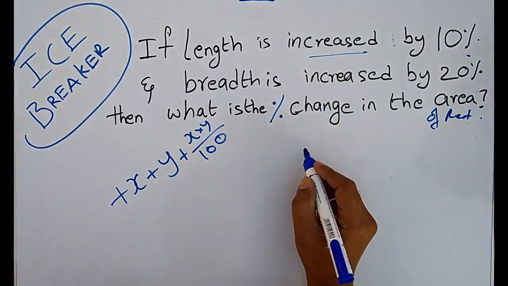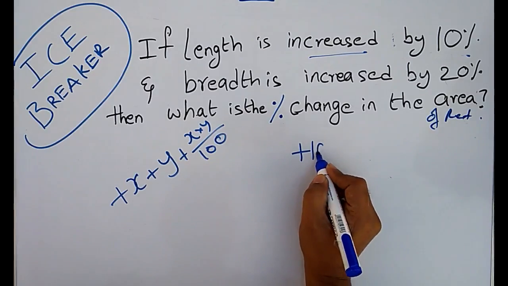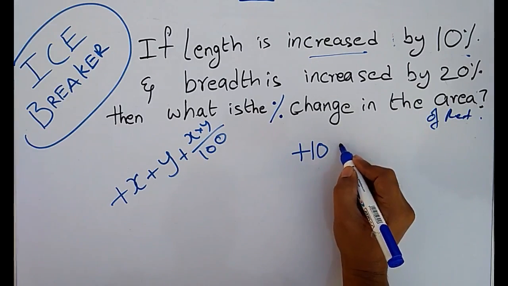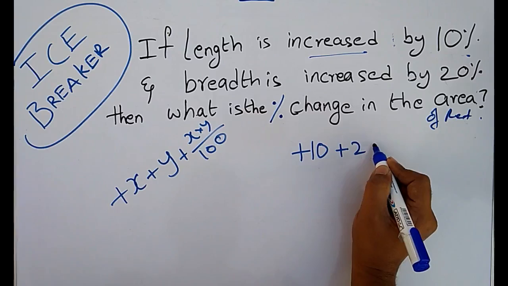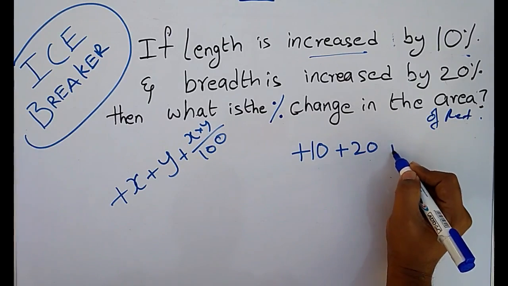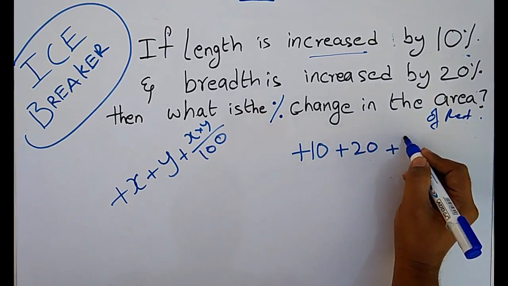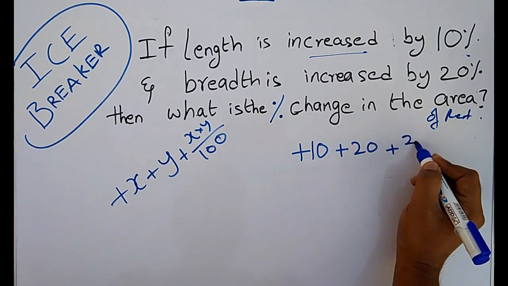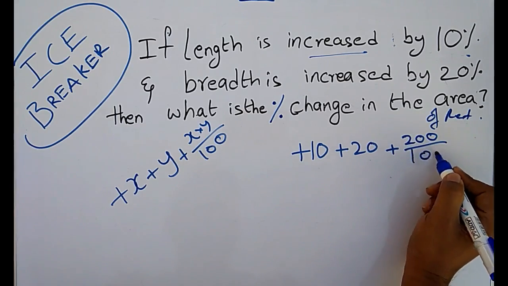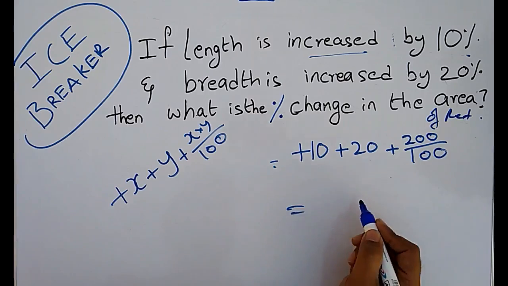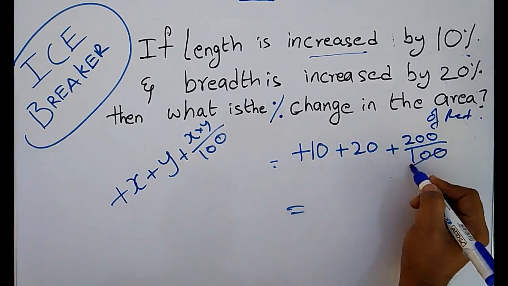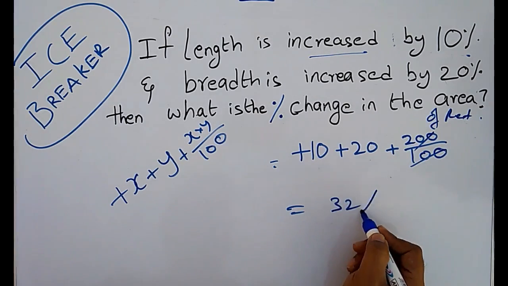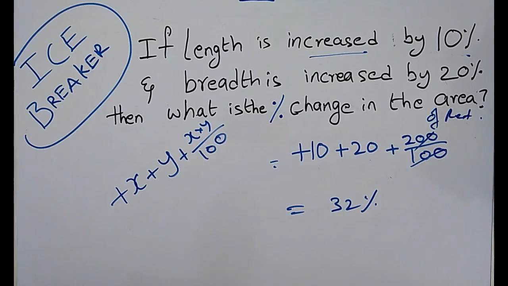So friends, if it is increasing, then take the value as plus 10 and breadth is also increasing, plus 20. We have to multiply this, plus into plus, that is 10 into 20, 200 by 100. What we will get? 32% increase in the area of rectangle.